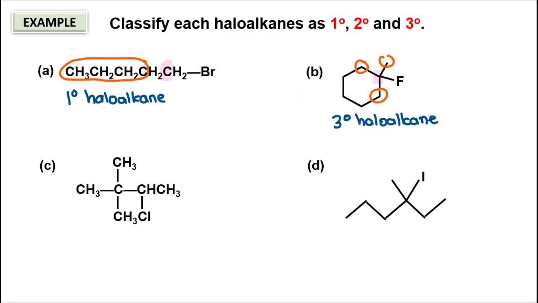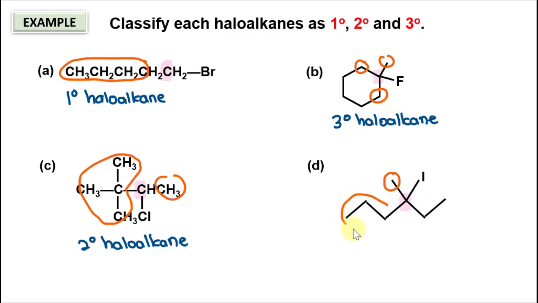For the third structure, this is the carbon atom attached to the halogen group. Since there are only two alkyl groups attached to it, it is classified as a secondary haloalkane. Last but not least, this is the carbon atom attached to the halogen group. There are three alkyl groups attached to it, so it is classified as a tertiary haloalkane.